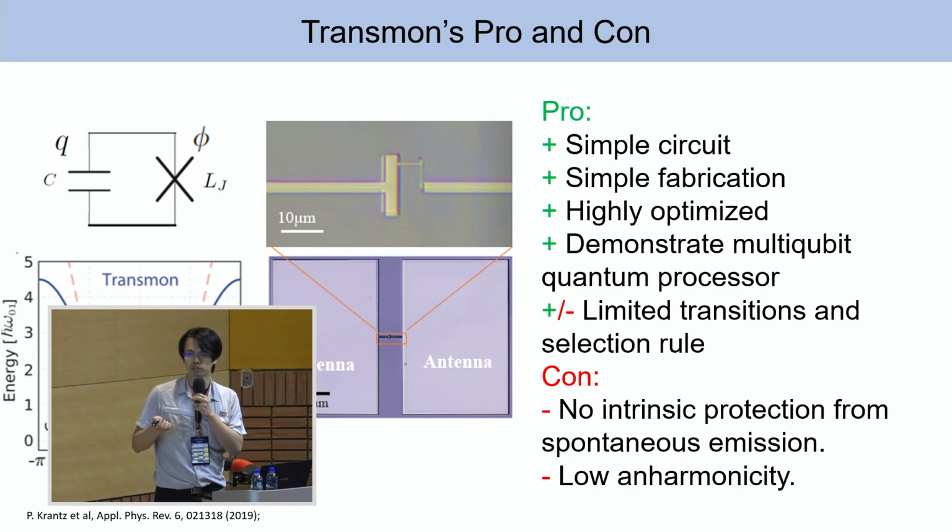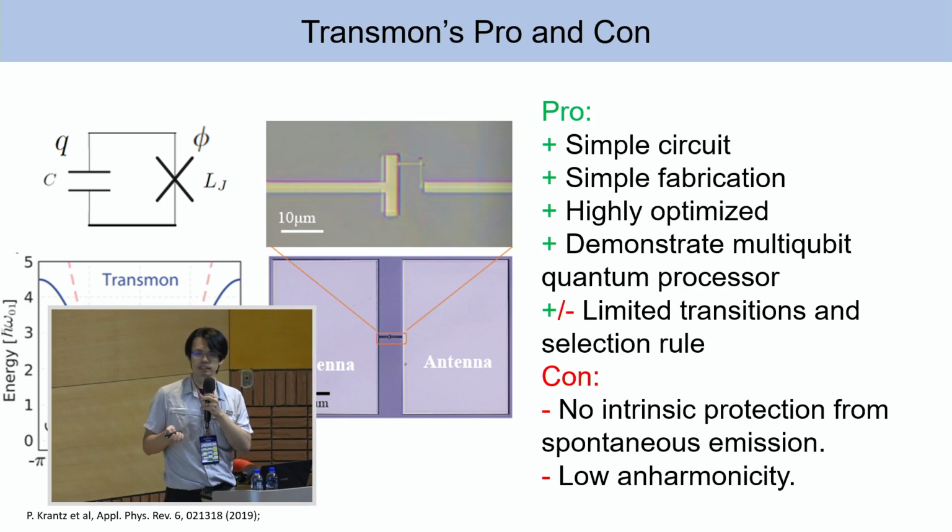And also the selection rule: because the potential looks simple, the selection rule for engineering is quite limited. So the transition is simple, so that you can protect it nicely and engineer it nicely, but the usage of that is also limited. So I listed it as a pro and con.